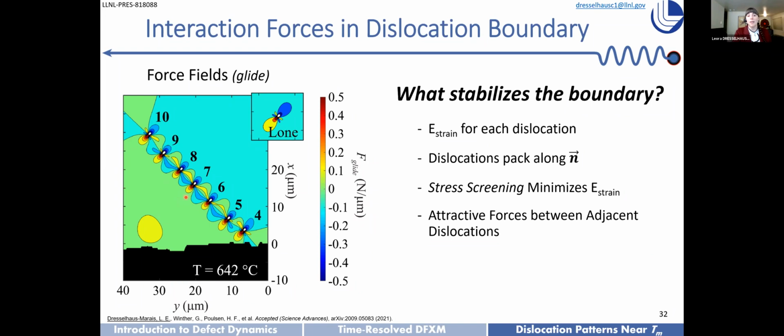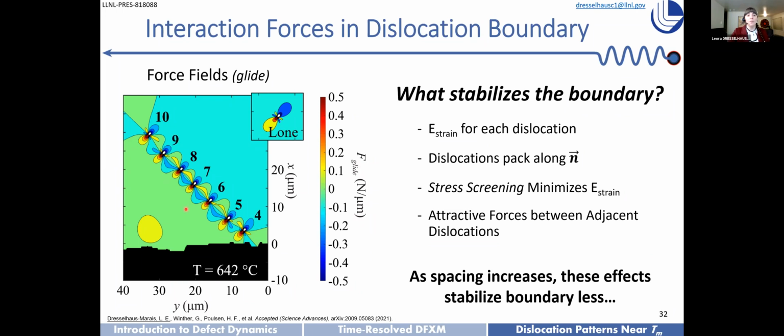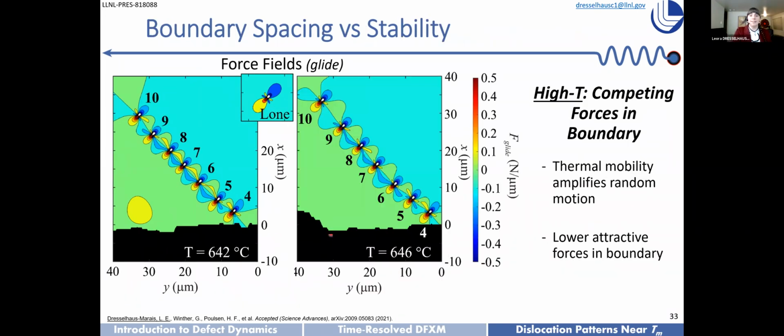However, as we increase the temperature now, we find that the spacing starts to increase and that these effects start to stabilize the boundary less and less. Only 4 degrees Celsius higher in temperature, we now see a very different story.